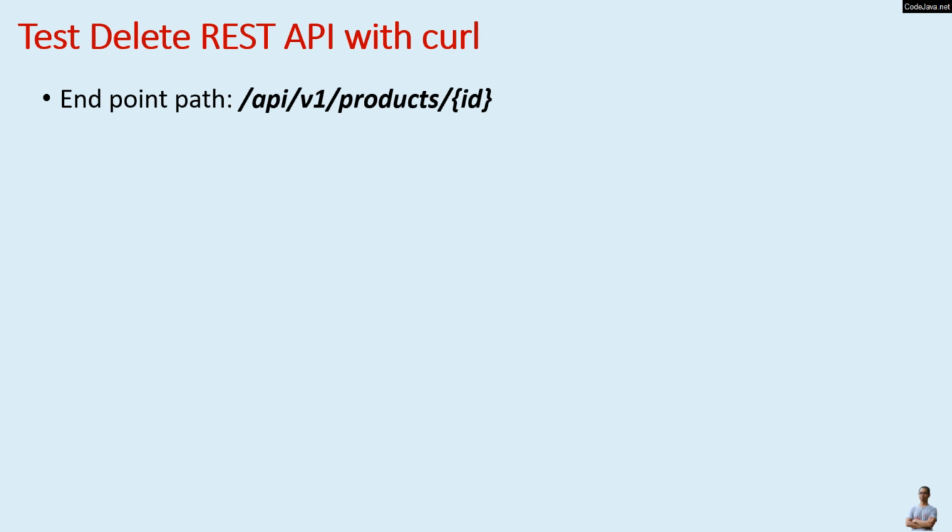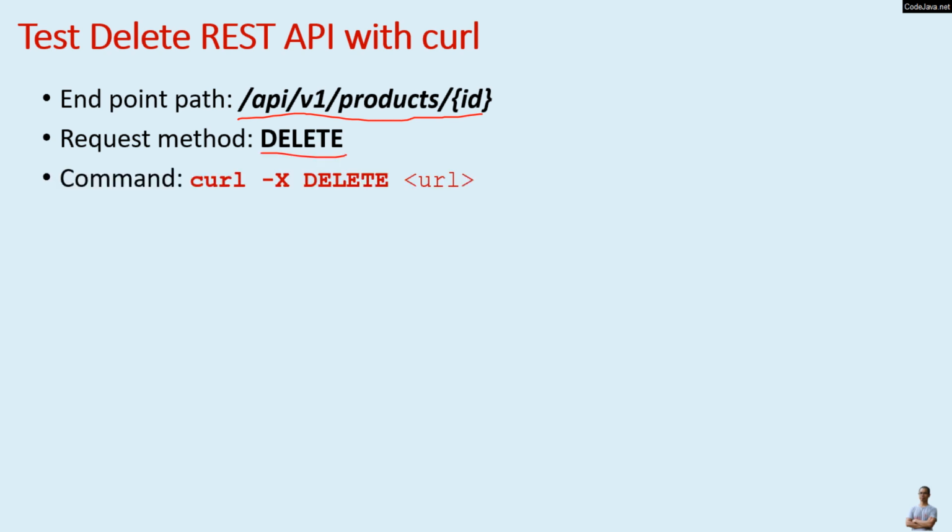And finally, let's use the curl command to test a delete REST API with the endpoint path is like this, and the request method is DELETE. So we use this command curl and use the -X flag to specify the request method is DELETE, and then the URL, the endpoint path of the delete REST API.